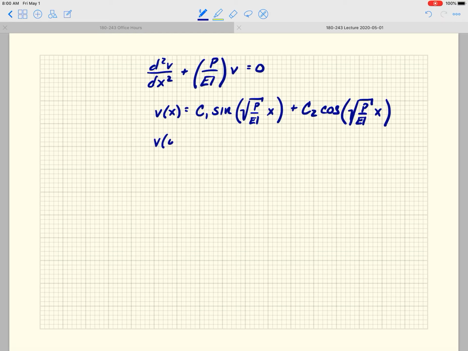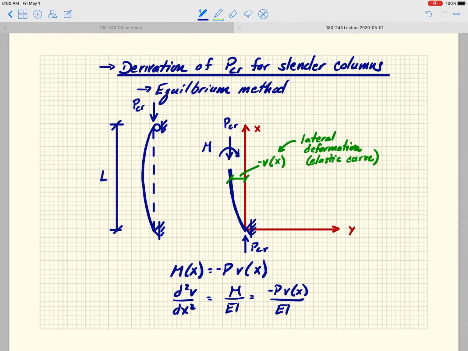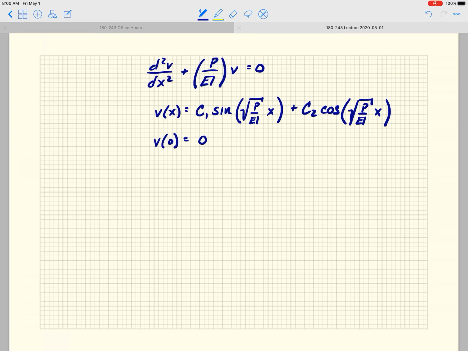If we look at the boundary conditions, the first one is that v of 0 equals 0. That basically says that the deformation at the pin support is 0. The second one is v of L, which is also 0. That tells me that the displacement at the top end, at the roller support, is also 0.